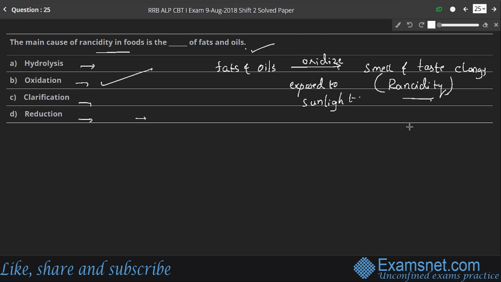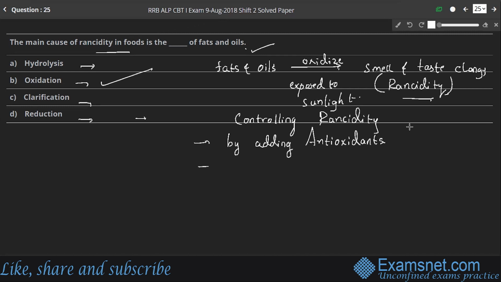Here we can control rancidity. Antioxidants may be added to foods, so that they do not oxidize when they are exposed to sunlight.